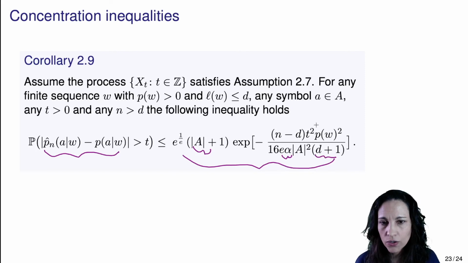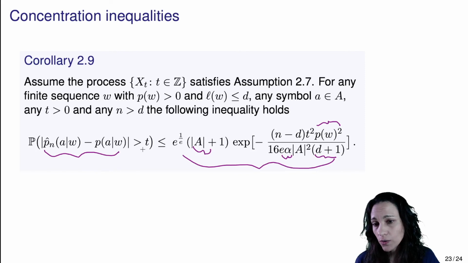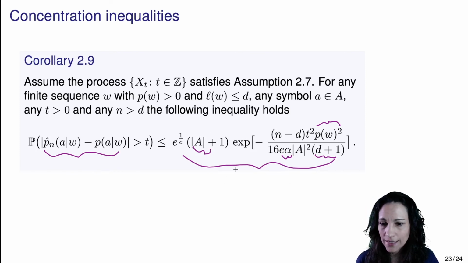Here also occurs the probability of the sequence W. Okay, so observe now that as these numbers are between 0 and 1, we need some t going to 0 in order for this bound here to make sense.